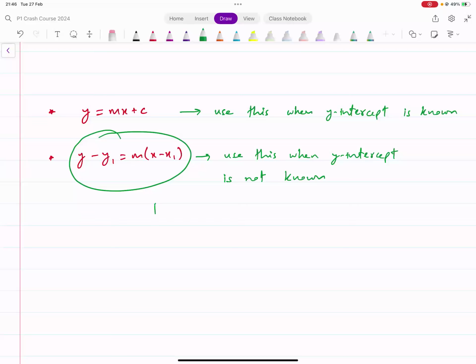So we would often prefer using this form because it's going to give us the result quicker as compared to y equals mx plus c. Okay, sir, thank you.